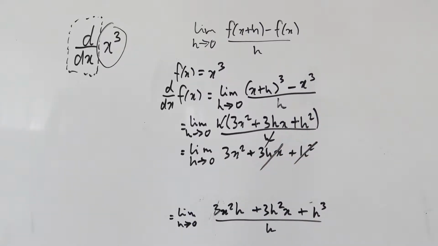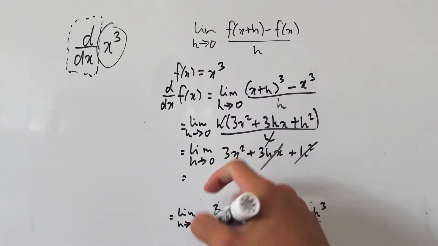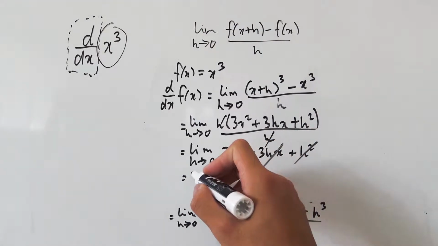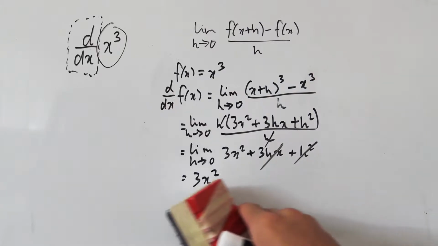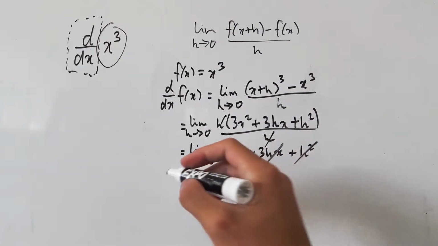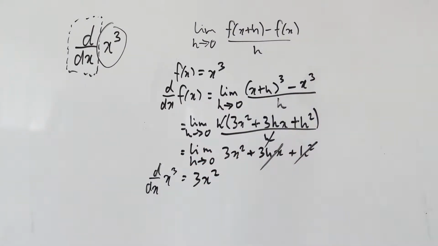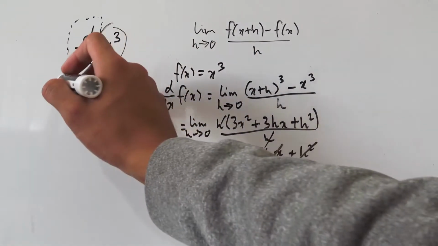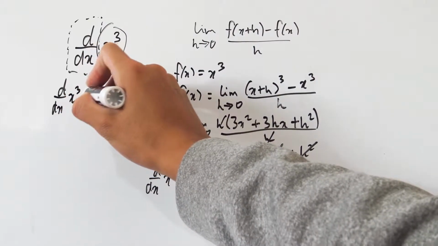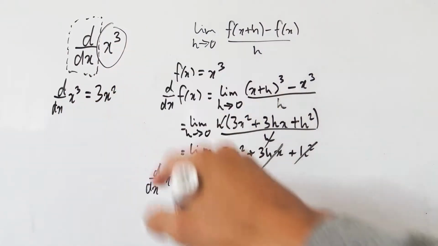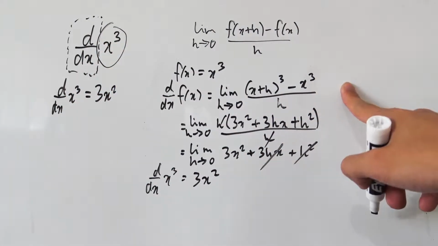They're going to be so incredibly insignificant that we can just forget about them. So after we let our h approach 0, all that's left is 3x squared. And 3x squared is in fact our derivative of x cubed. So let me just put that over here. The derivative of x cubed is exactly 3x squared, as we found using first principles here.